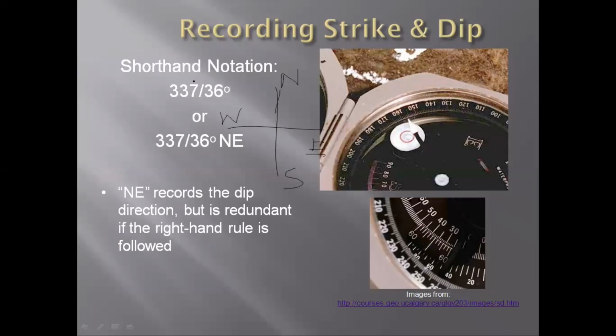We can say the whole scale, so we can also say 337. So it is understood that 337 is present somewhere here, because this is 360 as well as this is 0. This is 90. This is 180. And this is 270.